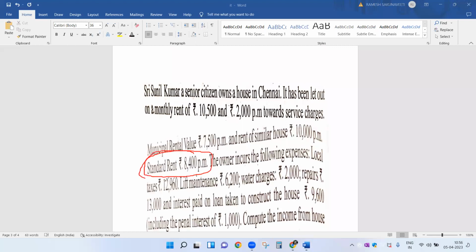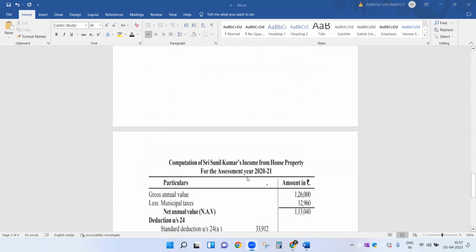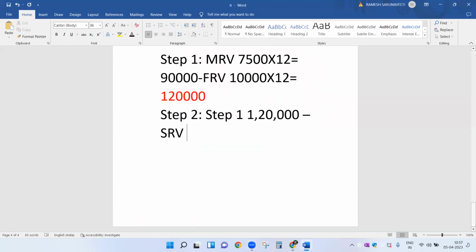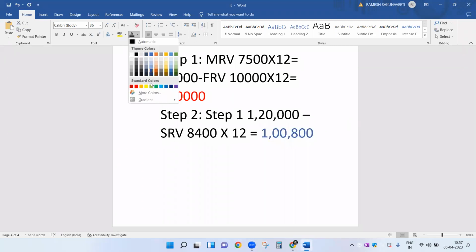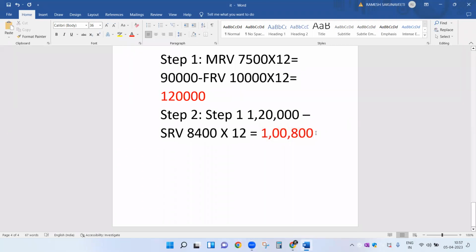Standard rent is 8,400 per month. 8,400 into 12. What is the value? Okay, thank you. 1,08,000. So in these two values, lower value we are going to take to the third step. So lower value is 1,08,000 that you are going to carry it to the next step.